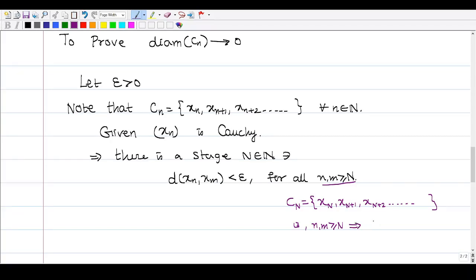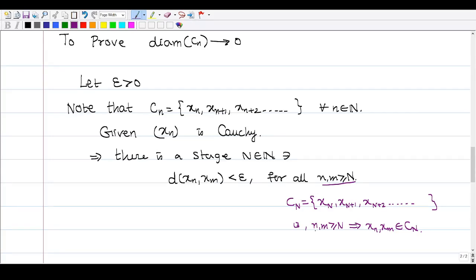If n, m greater than or equal to N implies that xn, xm எதுல இருப்பான்? Cn ல இருப்பான். கரெக்டா? அப்போ this is true for any n, m greater. அப்ப இதுல உள்ள எல்லா எலிமெண்ட்டையும் இப்படி தான் எழுத முடியும். ஓகே, so இந்த இடம் புரியுதான்னு பாருங்க. இது காசி சீக்வன்ஸ். காசி சீக்வன்ஸ் உள்ள டெஃபினிஷன் நான் எழுதியிருக்கேன். Note that Cn is equal to xn plus 1, எப்படி இருக்கும்.